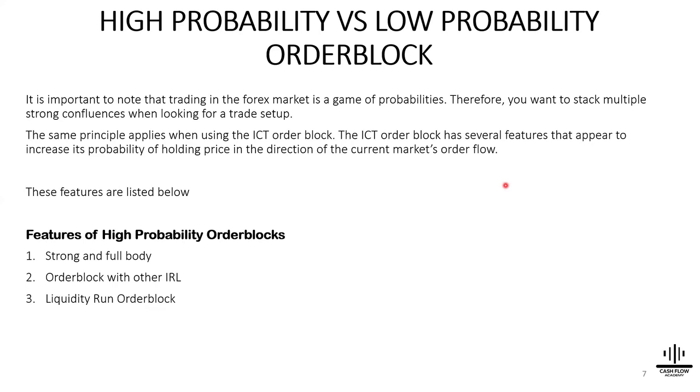What do I mean? Order blocks that have a high probability to hold price to move in the intended direction, and other blocks that have a lower probability of holding price to move in the intended direction. It is important to know that trading in the forex market is a game of probabilities. Therefore, you want to stack multiple strong confluences when looking for a trade setup.